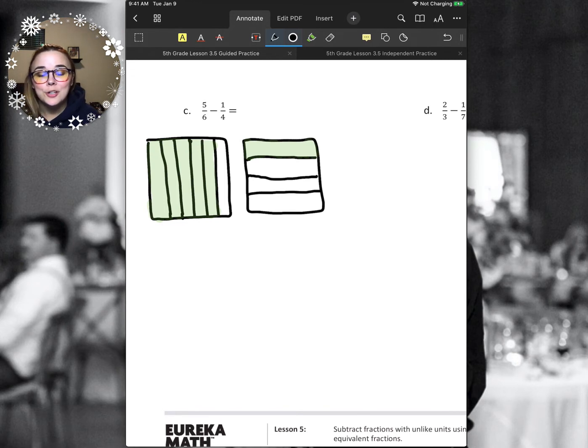In order to turn my models into 24ths, I'm going to cut my 6ths into 4ths. So I'll draw a line down the middle, and then down the middle of each of those. And then I'll turn my 4ths into 24ths.